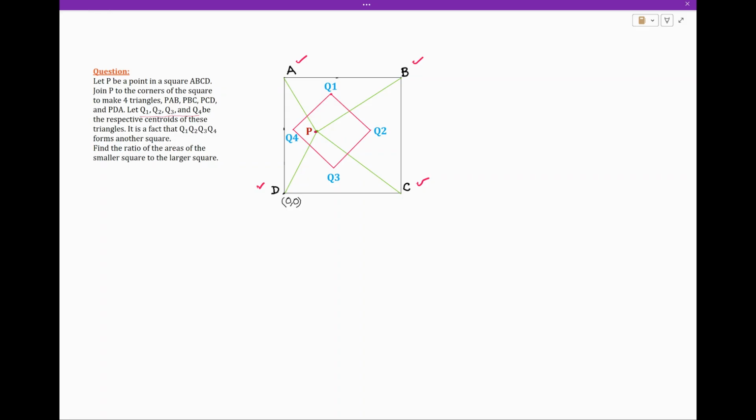We know from geometry that Q1, Q2, Q3, Q4 is a square. So we have to find the ratio of the area of Q1Q2Q3Q4 to ABCD.